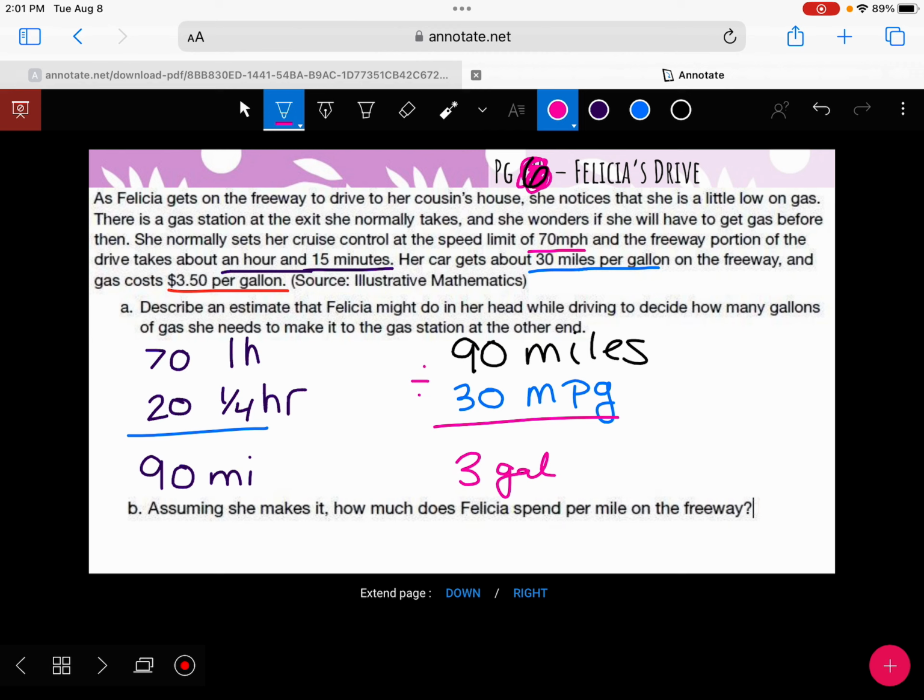If she knows she's going to need to get about 3 gallons of gas, about how much is that going to cost? The $3.50 per gallon. Yeah, so $7 for 2, then another $3.50 gives us $10.50.